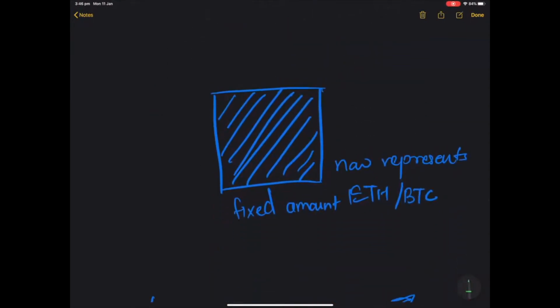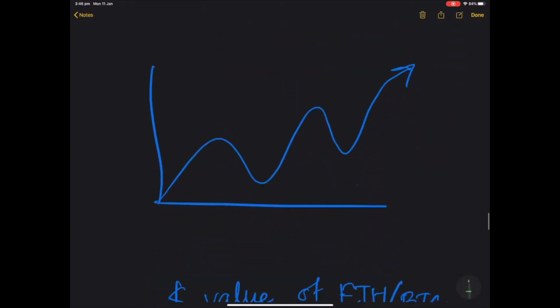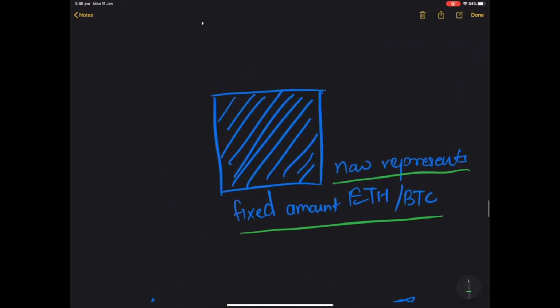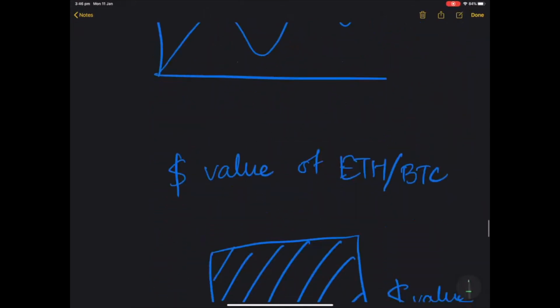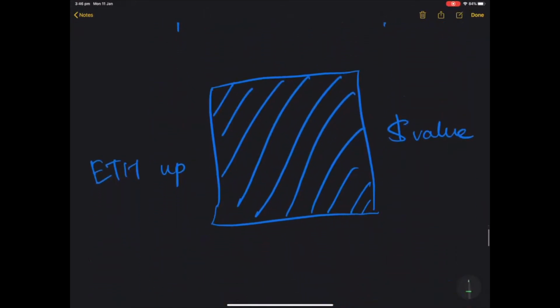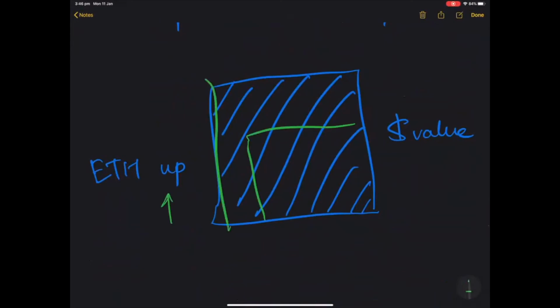The $Y now actually represent a fixed amount of ETH or BTC. So they are like scraps of ETH or BTC. Depending upon the price action which ETH or BTC has, the dollar value of the $Y now does not trace $1. It can either go up in value, if it is up, then obviously it went from this to this.